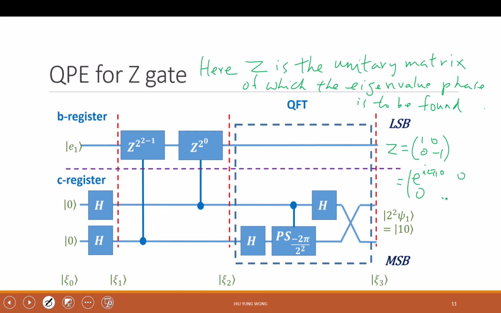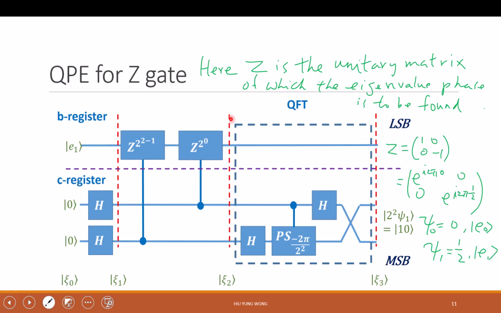Negative 1 equal to e to the power i 2 pi times 1/2, because e to the power i pi is negative 1. So I write its eigenvalue in this form. So psi 0 equals 0 for eigenvector 0, and then psi 1 equals 1/2 for eigenvector 1. Do you see that? For the eigenvector 1, psi is 1/2.